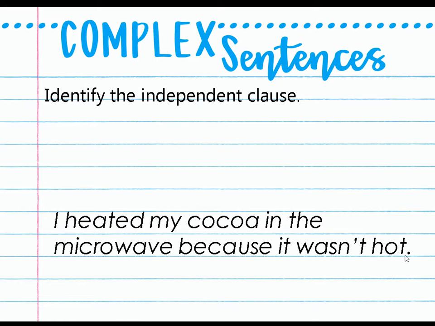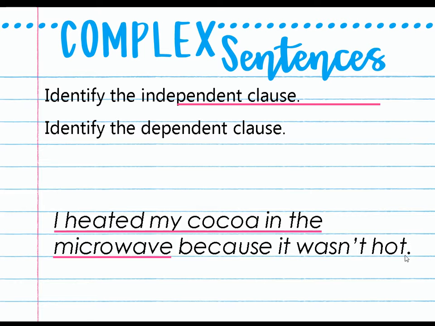So we're going to take a look at this sentence and we're going to identify the independent clause with one line. I heated my cocoa in the microwave because it wasn't hot. So which part of that sentence is our independent clause? Right, I heated my cocoa in the microwave. Now we want to find our dependent clause, the part of the sentence that is not a complete thought.